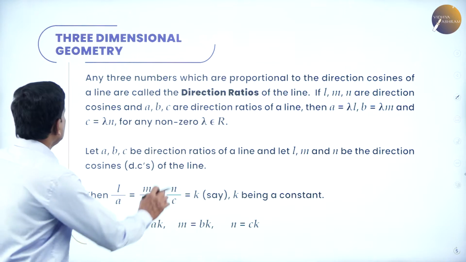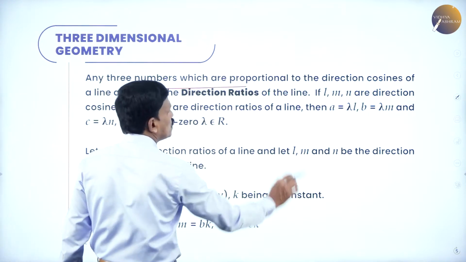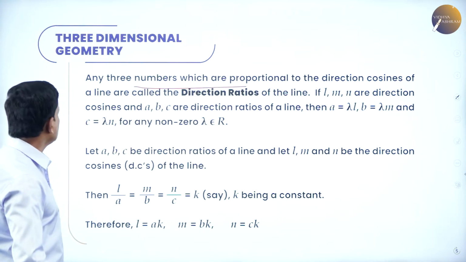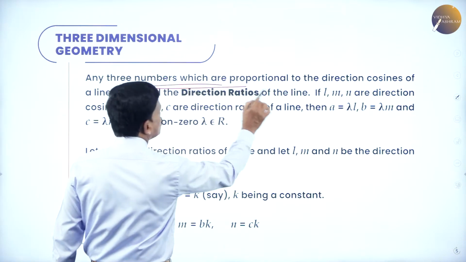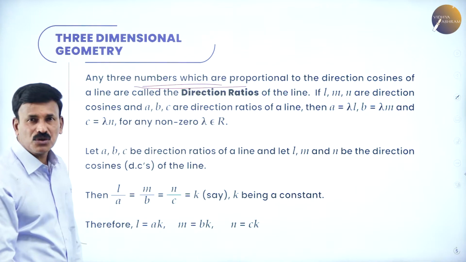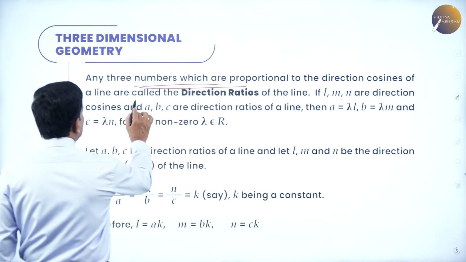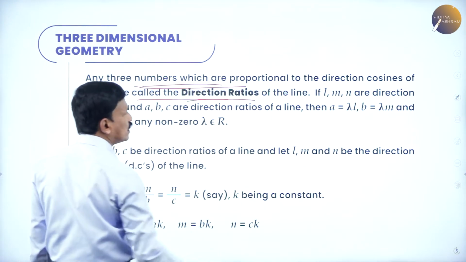Now, any three numbers which are proportional to the direction cosines of a line are called the direction ratios of the line.